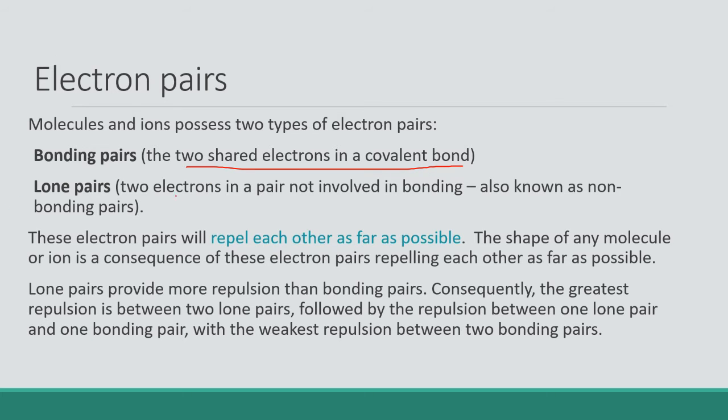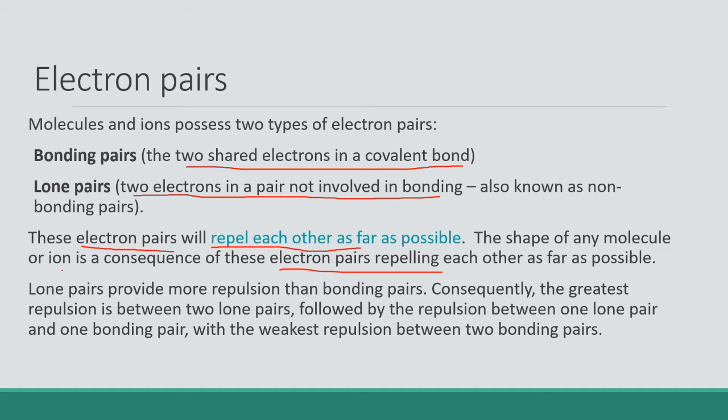Lone pairs are two electrons in a pair not involved in bonding, and sometimes we call them non-bonding pairs. So these electron pairs, because they're all negative charge, will repel each other as far as possible. And the shape of any molecule or ion, but we're going to focus on molecules, is a consequence of these electron pairs repelling each other as far as possible.